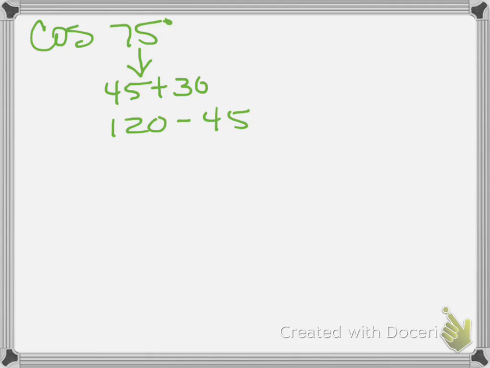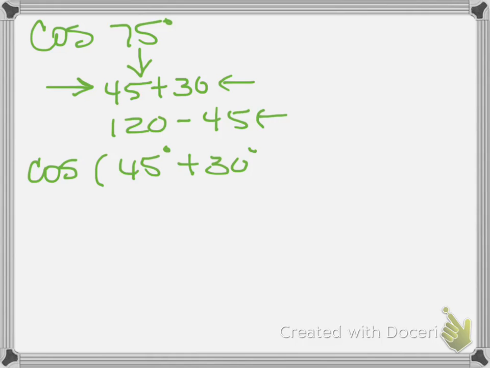Both of those are listed on our unit circle. I'm going to choose to write it as an addition. So I'm going to write cosine of 75 as cosine of 45 degrees plus 30 degrees.